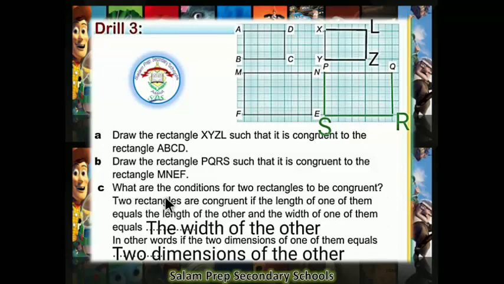What are the conditions for two rectangles to be congruent?